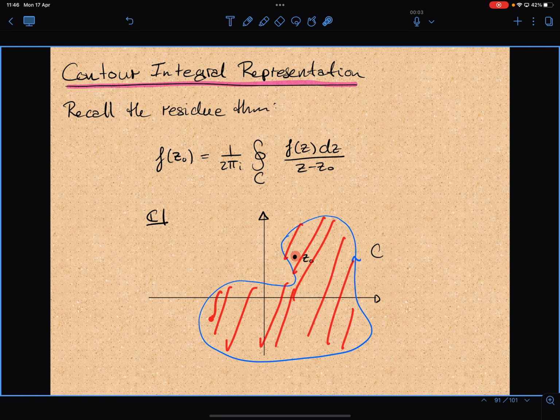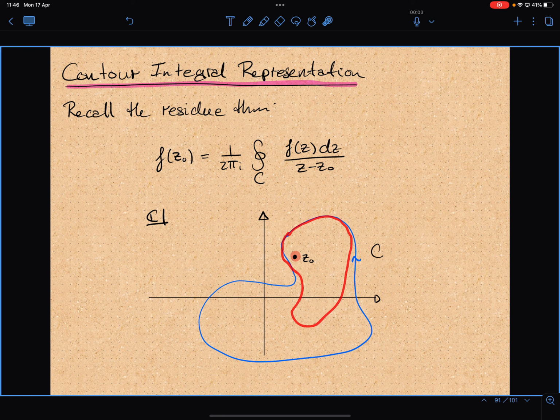And in particular, due to these conditions, you can really just change the shape of the curve as long as you don't go over any region that contains a pole or a point where the function f goes to infinity.